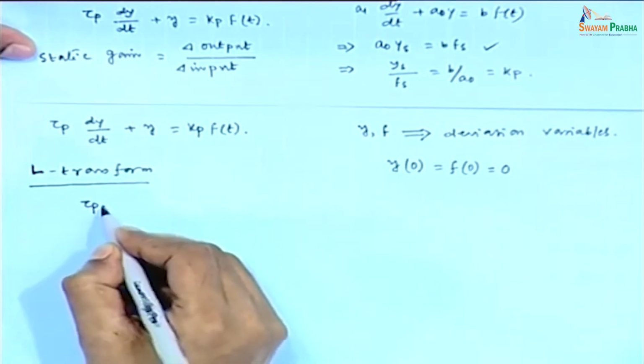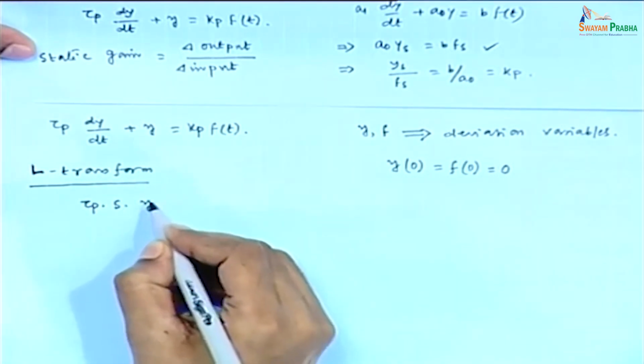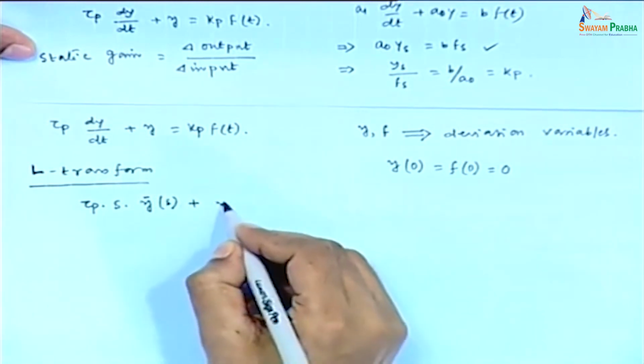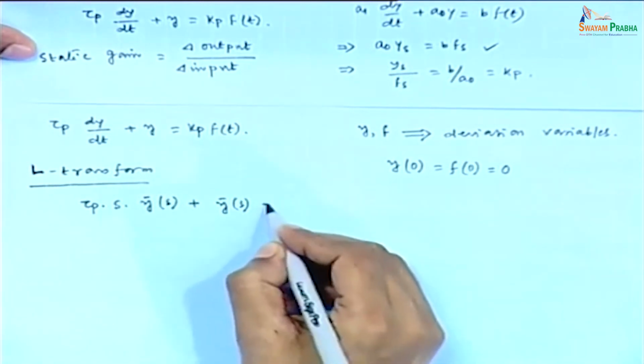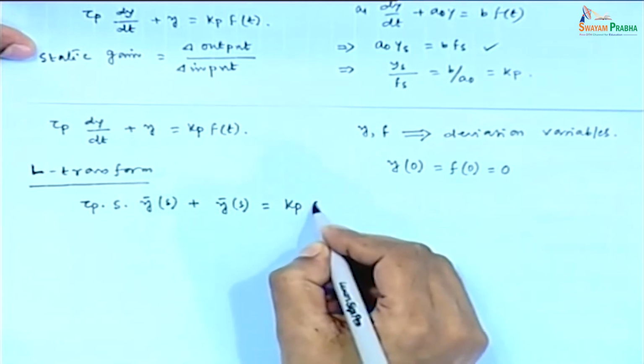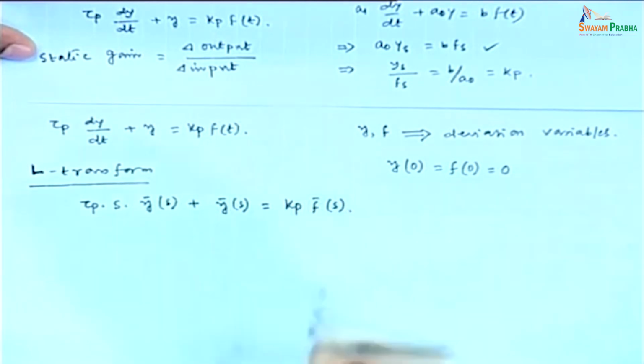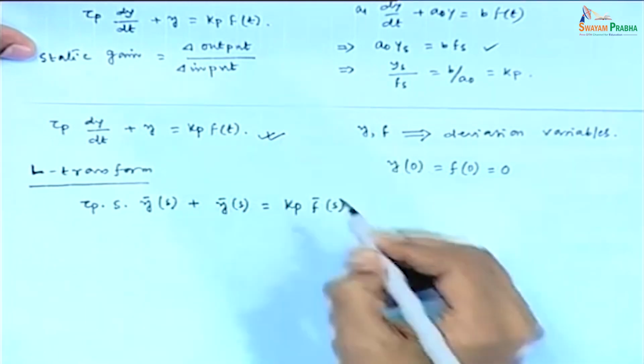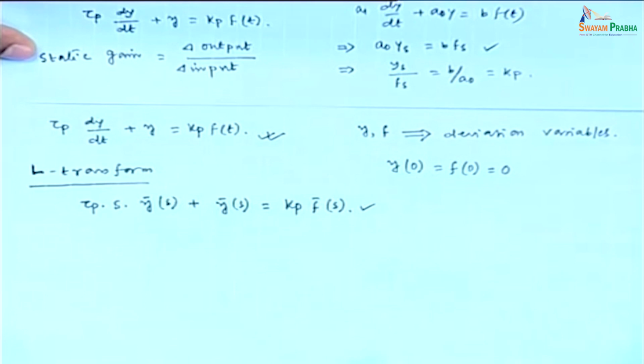Then we get tau p s y bar s plus y bar s equal to k p f bar s. If we take Laplace transform of this, then we get this form.